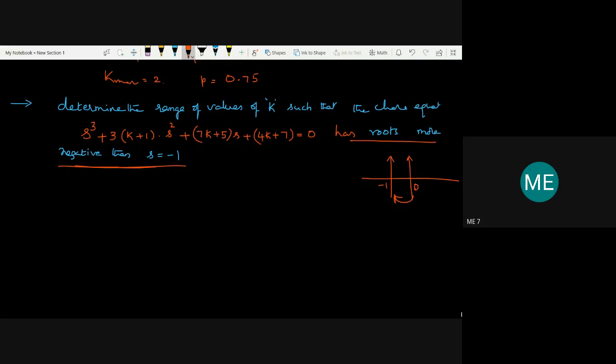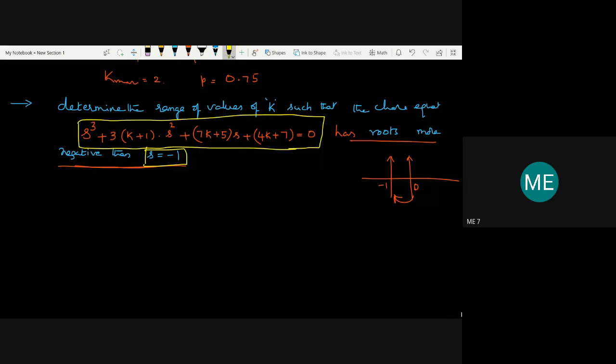So what is the stability of the system, as well as the range of values of k for which the system is stable? Here the two applications are covered in this problem. We are finding the relative stability of the system by replacing s with x minus 1, and then finding the new characteristic equation, forming the Routh array, and determining the range of values.